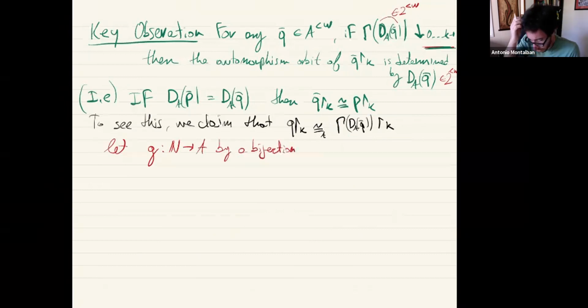We're going to assume that Q is one to one, extending this tuple Q. Q is a tuple of elements. Now continue enumerating all the elements of A, and we get a bijection. And let B be the pullback of this. So B is a structure.